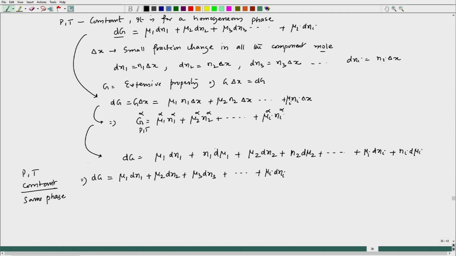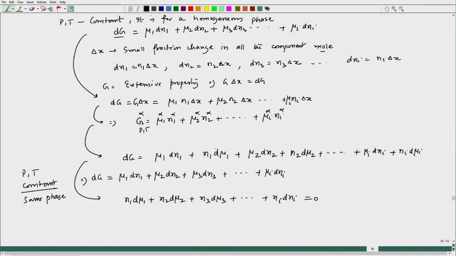So, then I can write this one as n1 d mu 1 plus n2 d mu 2 plus n3 d mu 3 and so on, should be equal to 0.